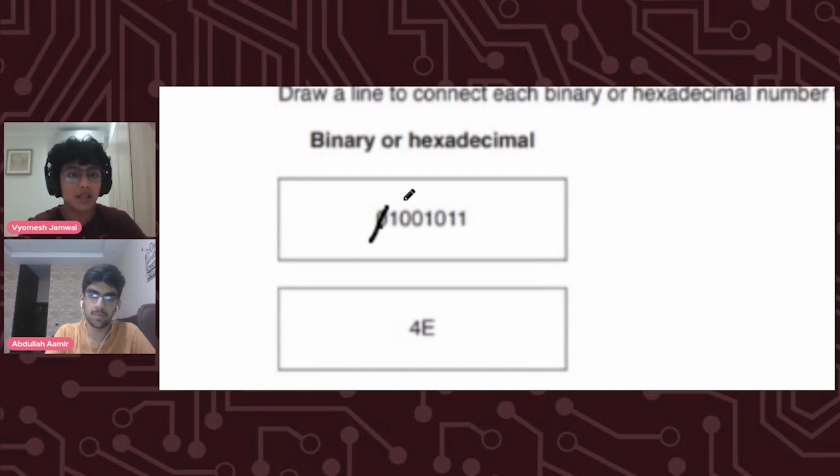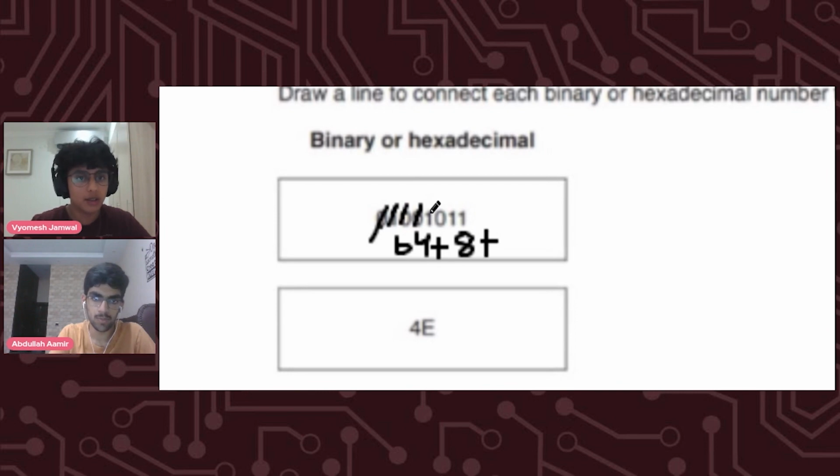But the second digit is 1, so it's 64 plus, and then 32 is not there, 16 is not there, but 8 is. So it'll be 64 plus 8. Then 4 is not there, but 2 is, so plus 2, and then plus 1 is also there. We just sum it up, and that would give us 75.